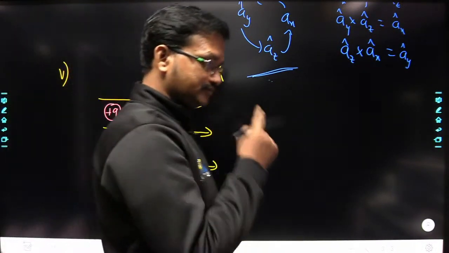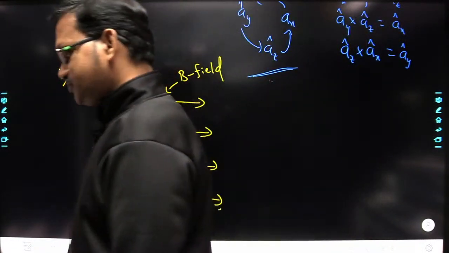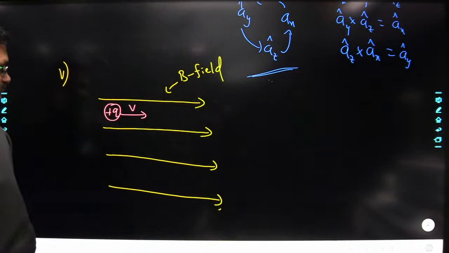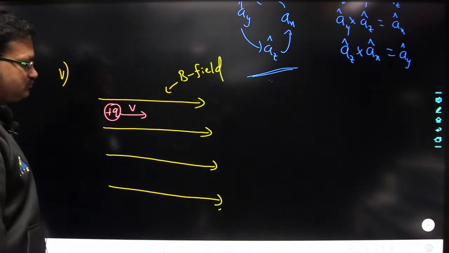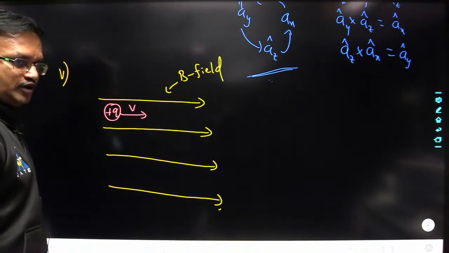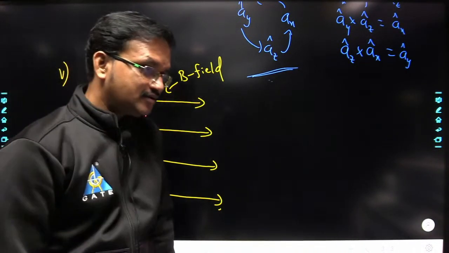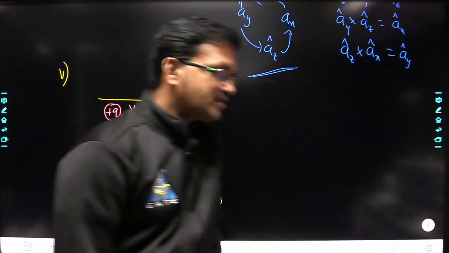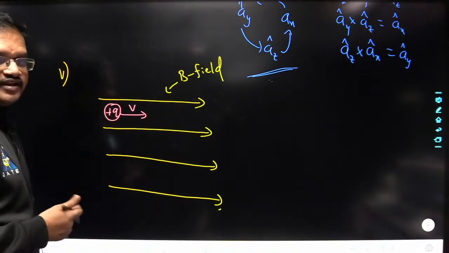Tell me here. In which direction it is going to experience the force? It is very simple, or not? It is 0, yes. So here it is not going to experience any force. Why?